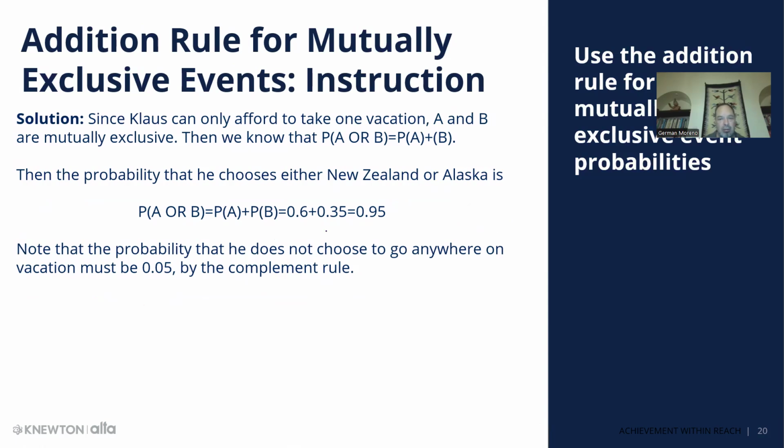So this is the probability that he chooses New Zealand or Alaska, and there's a 5% probability that he chooses to go not anywhere or something else. Okay.